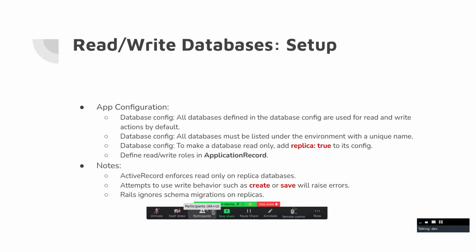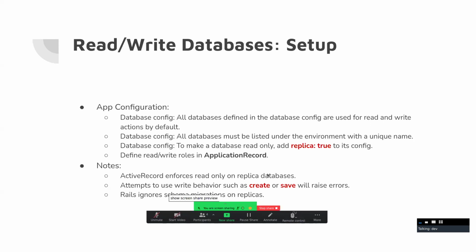Active record enforces read only on replica databases. I wasn't able to demo this part because I wasn't able to actually connect to the replica. But if you were to do something like pizza delivery create, it's going to run through validations, and if validations pass, it will then throw an active record exception saying that the database you're currently connected to is read only, and it won't let you actually attempt the create or save.